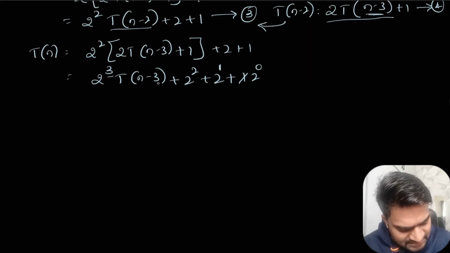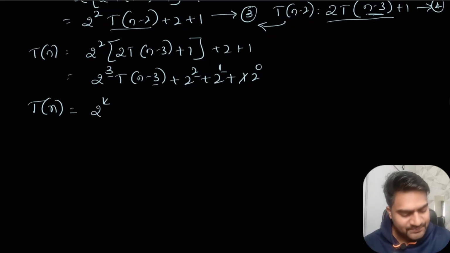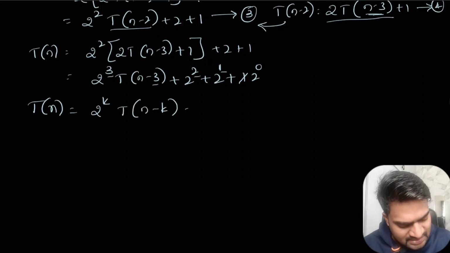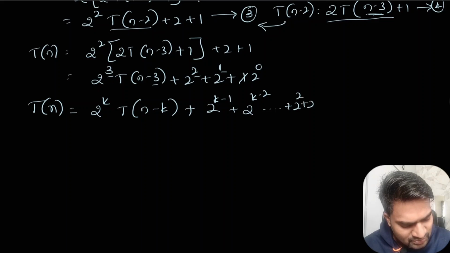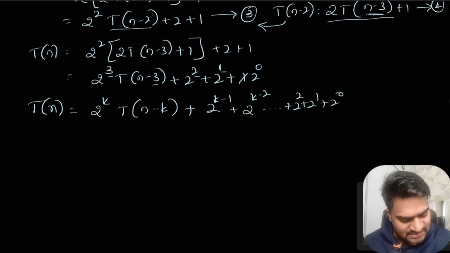So here it is 3, here it is 3, then here 2, 1, 0, it gets reduced. So how can we generalize? T(n) equal to 2 to the power k, T of n minus k, plus 2 to the power k minus 1, since it is 1 less than this, and we are using k here, plus 2 to the power k minus 2 and so on till 2 to the power 2, 2 to the power 1, 2 to the power 0. So this is how we can generalize.